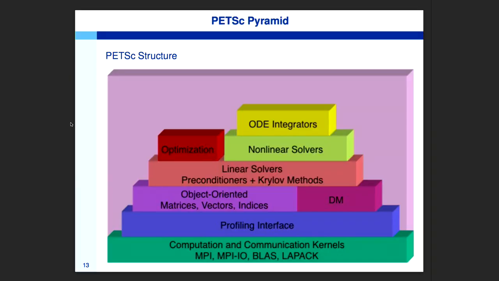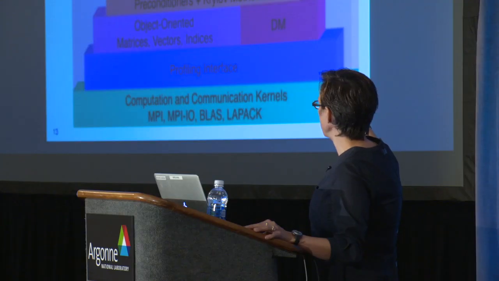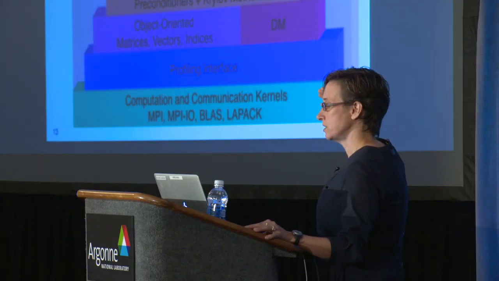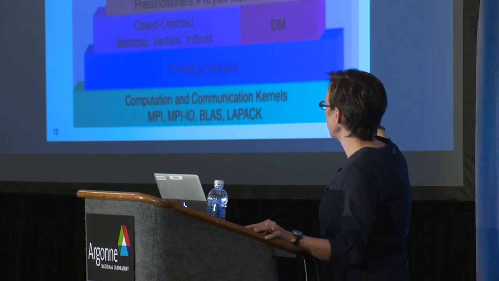Those are our foundation. We use those. Built on top of that, we have a very lightweight profiling interface that understands the various objects and design of the library that can help application programmers understand how their programs are organized and where the time is being spent throughout those.